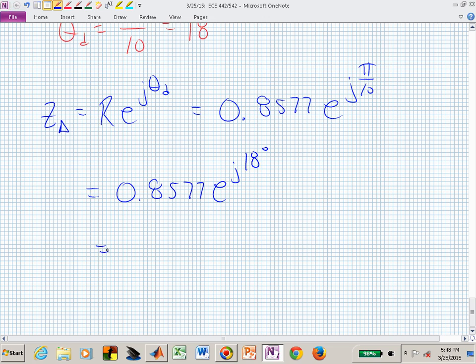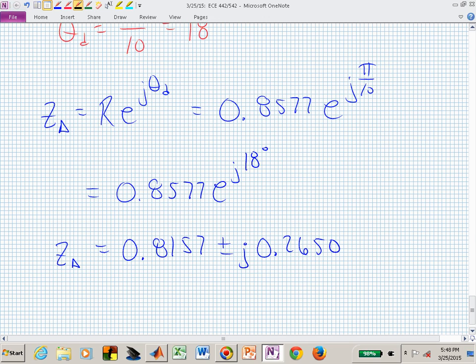You can now put that into rectangular form using the cosine and the sine of 18 degrees, and you end up with z delta being equal to 0.8157 plus and minus j, so now I'm introducing the conjugate, 0.8577 times the sine of 18, which ends up being 0.2650.